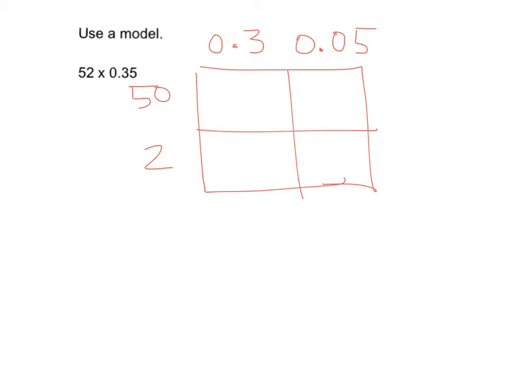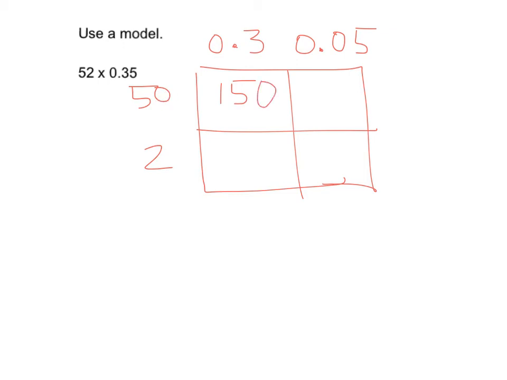Now our multiplying might be a little trickier this time. We just have to think about our decimal placement here. For 50 times 3/10, I'm going to do 5 times 3 is 15. I've got 0 in my factor here, so that's actually 150.